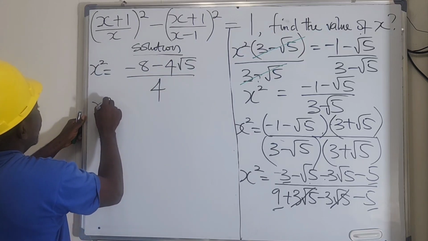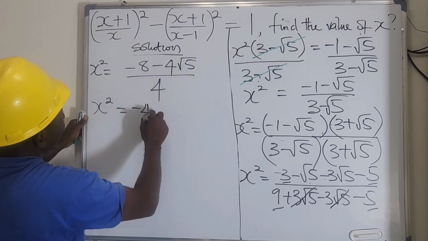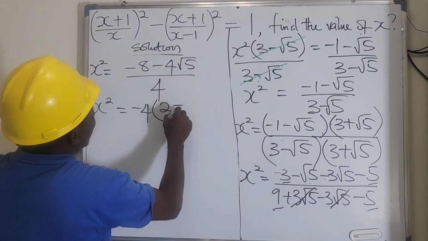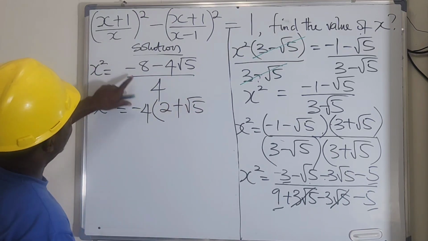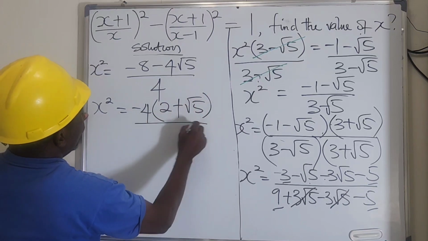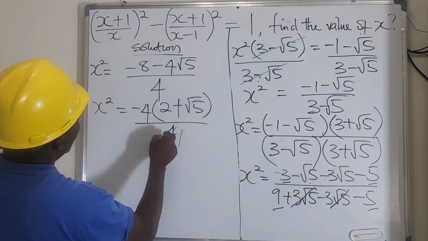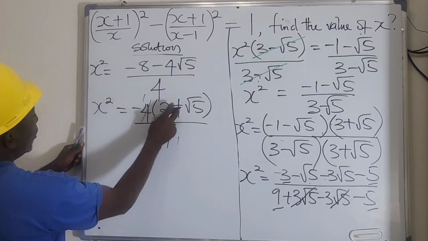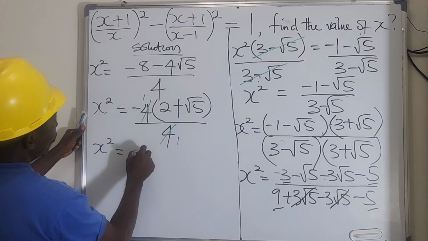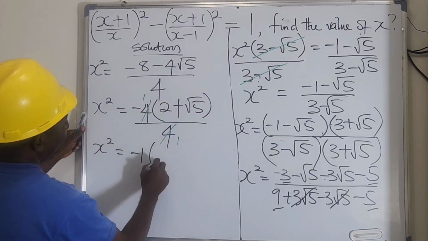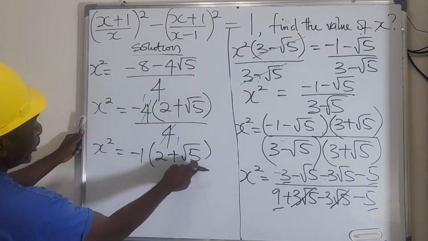So x squared equals minus 4, which is a factor, times 2 plus root 5, all over 4. The 4 cancels the 4, giving 1. So x squared equals minus 1 times 2 plus root 5. This is what we have.